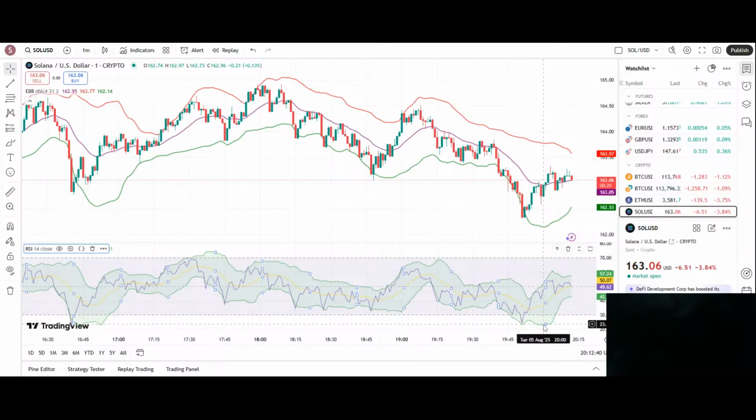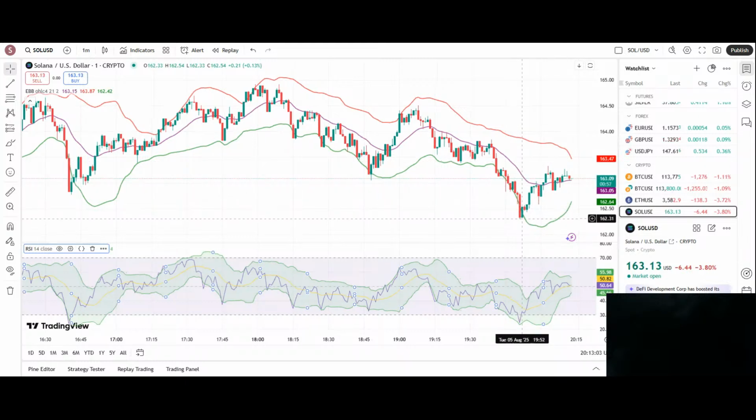That's been a fun headache and a half when that doesn't go right. So yeah, I would have bought some Solana down here, and then it probably would have sold up here. Probably would have sold around 163. Yeah, I'd have bought it around 162, tried to sell it around 163.